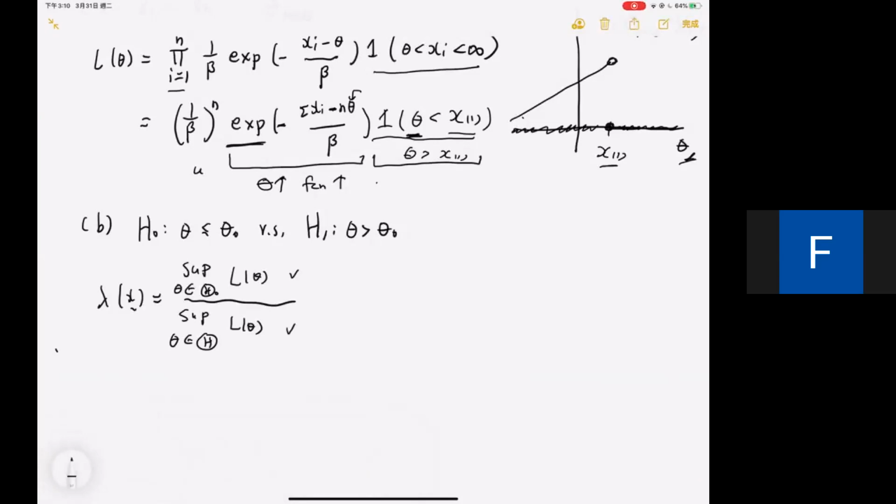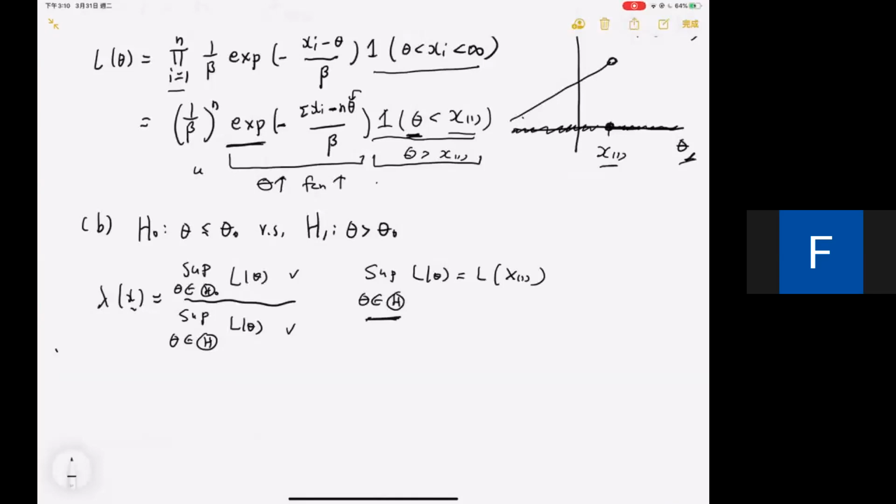Again, the denominator is always easy because this is nothing but the MLE.